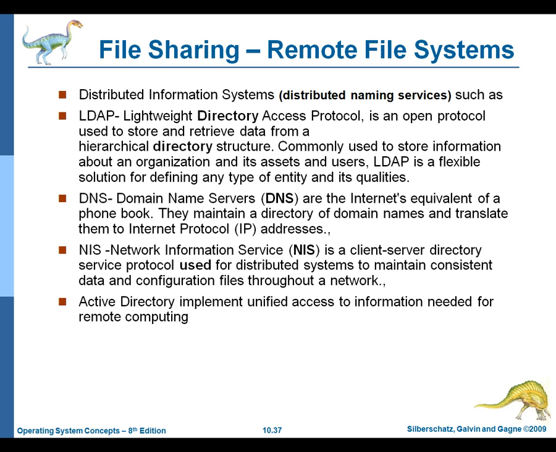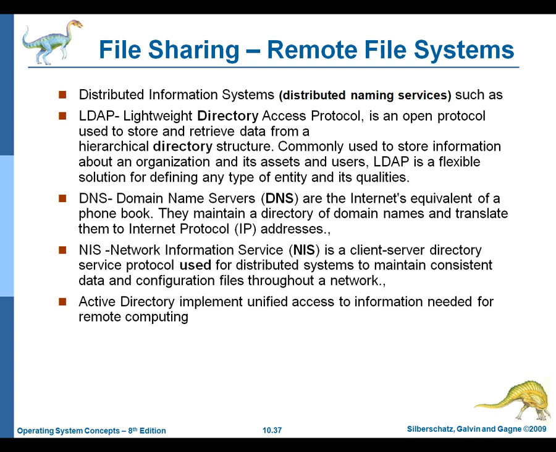So it is a client server directory used for distributed systems, and it maintains consistent data and configuration. As the name itself suggests, it is network information service. So whatever information is related to the network is used and stored consistently.